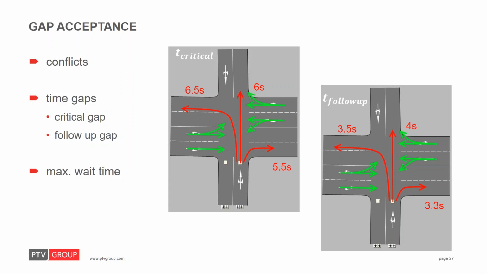For the minor approach from south, the values depend on the major flow direction, here east-west, and on the ranking of movements. The maximum wait time is a global parameter that describes the behavior at junctions when sufficient gaps are not available. So for example, the major traffic stream is operating at capacity and vehicles from the minor stream need to squeeze in here.